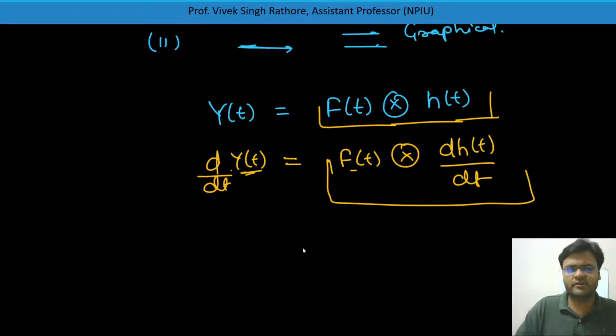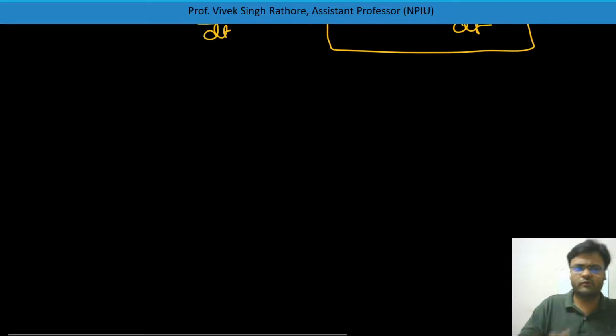After that, if you do f(t) convolution with dh/dt, and then integrate, you will get your output very easily. I will show you with one question.